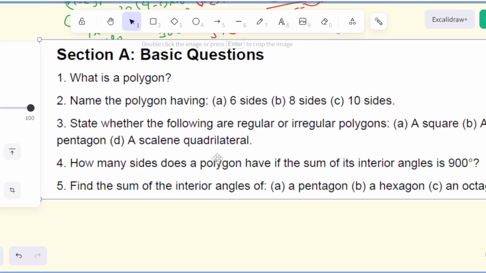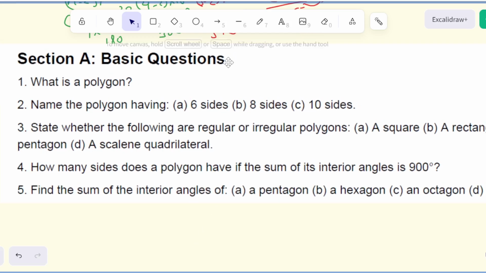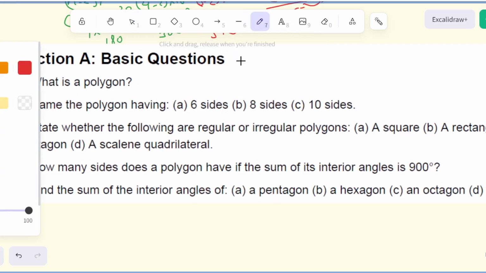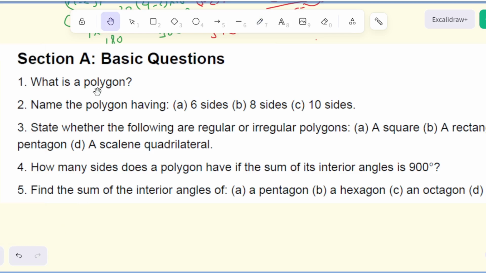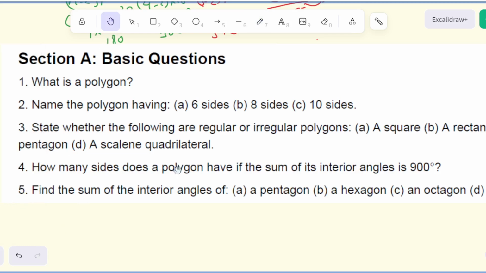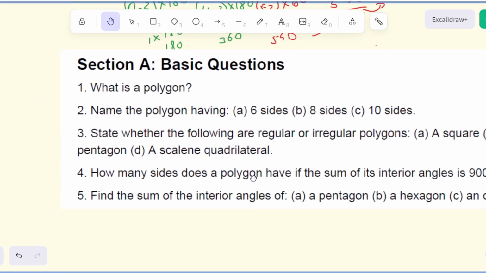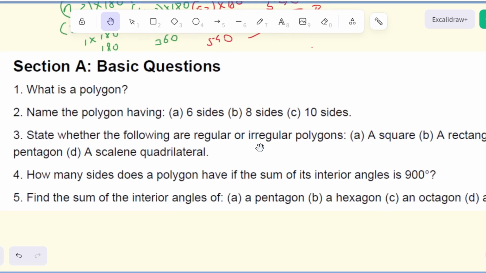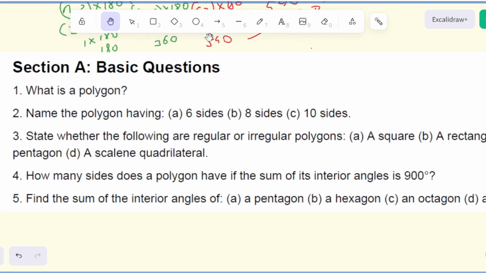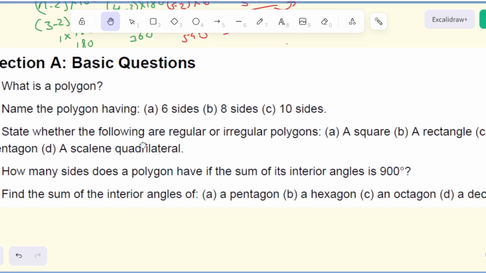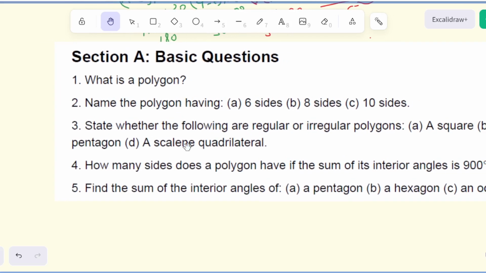So the first question is, what is a polygon? I think I should have removed it a little this side. This is fine. So what is a polygon?